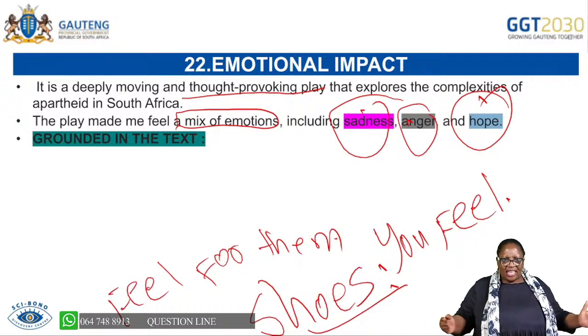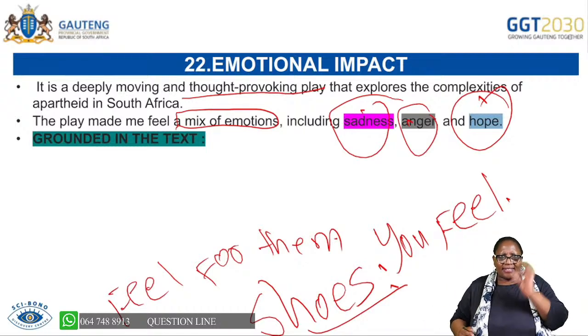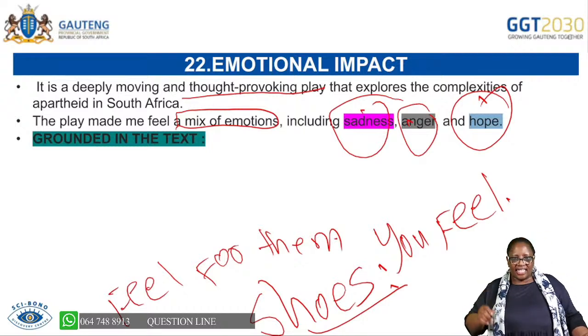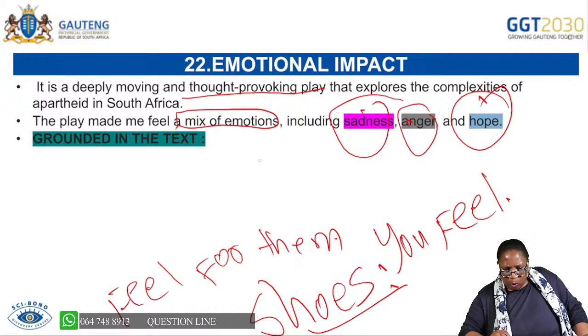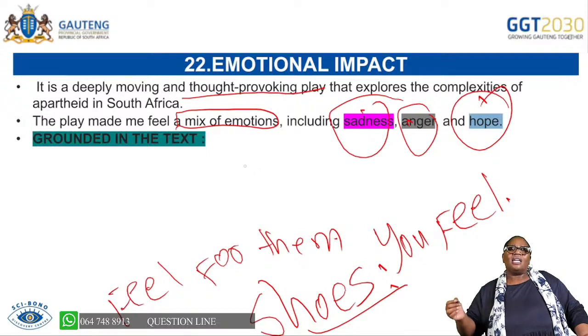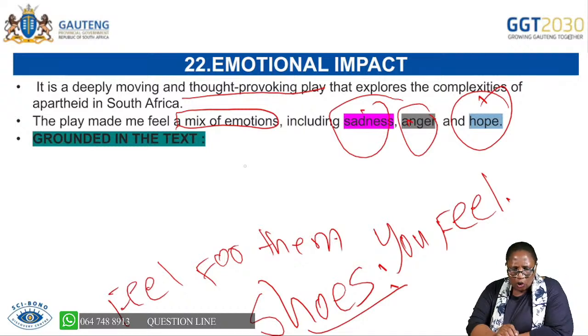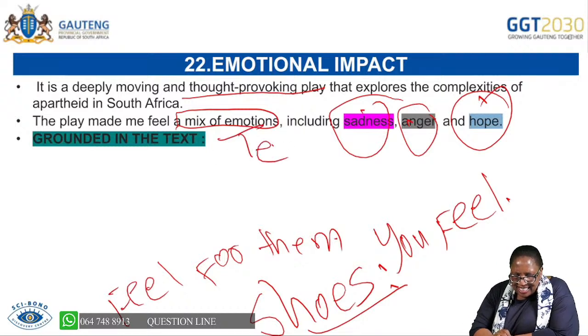However, any way you feel, something very important and key is that all your emotions, whatever you think, your critical thinking, your emotional impact, your reflection should be grounded in the text.